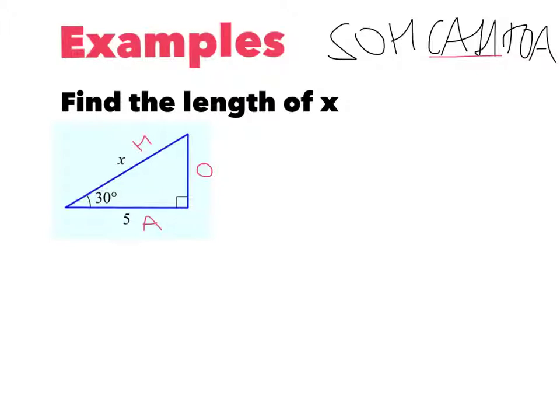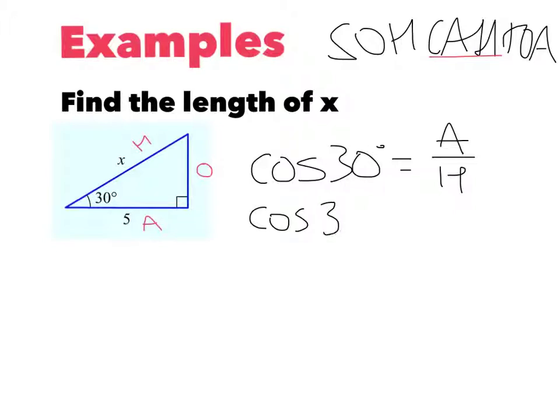So exactly like last lesson, cosine of 30 degrees is equal to my adjacent over my hypotenuse. Let's substitute in: my adjacent is 5, and my hypotenuse is x.